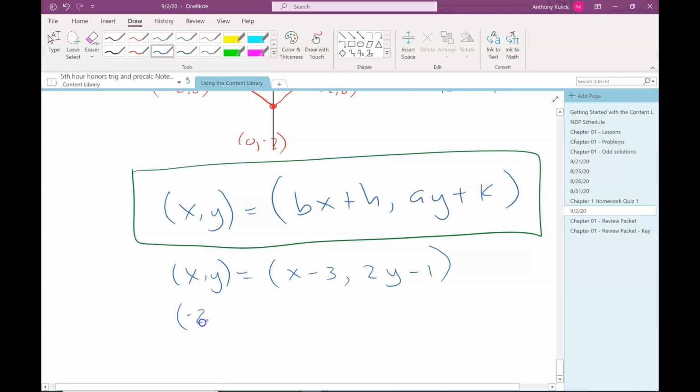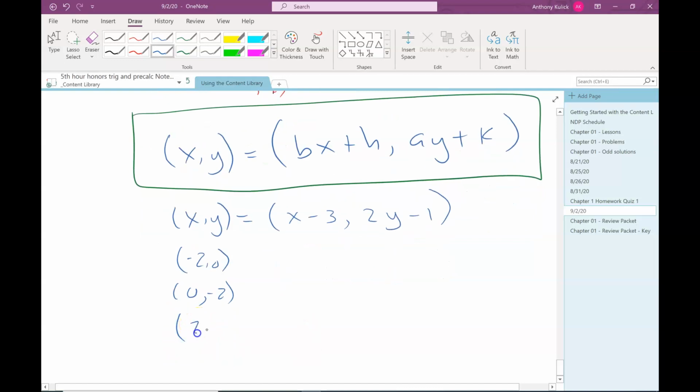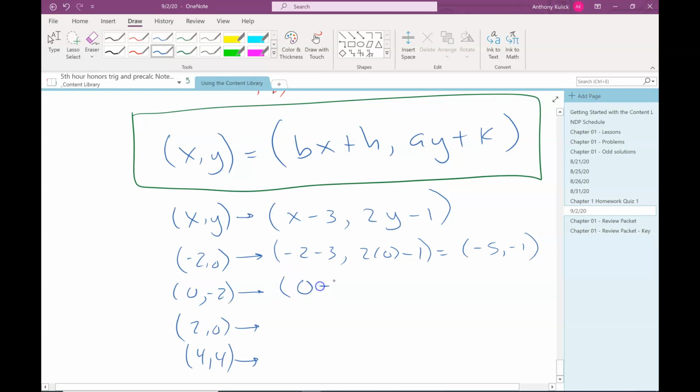And now I'm going to take the points from my graph and I'm going to transform them just like I would have in my geometry class. So the first point becomes -5, -1.